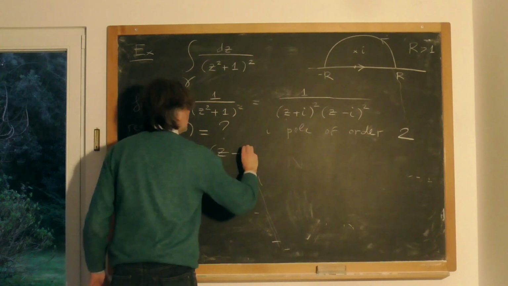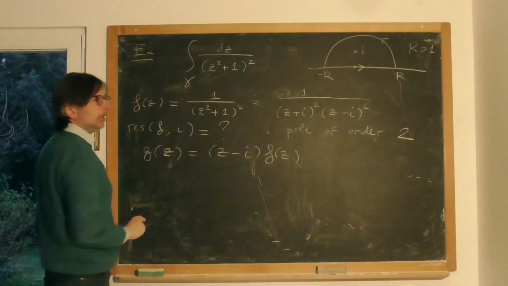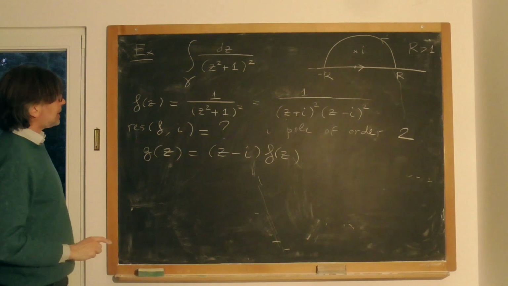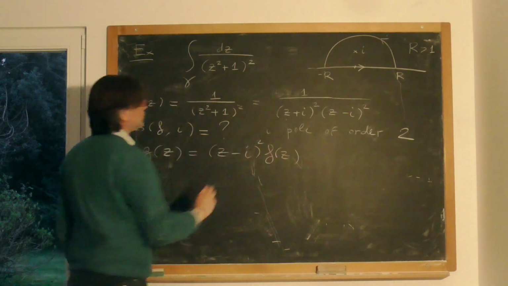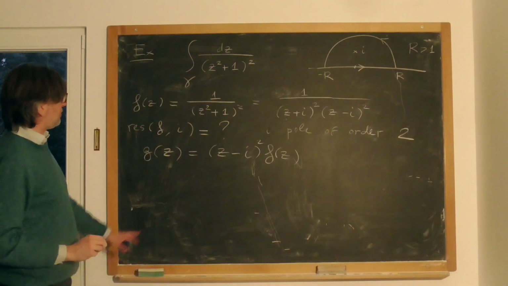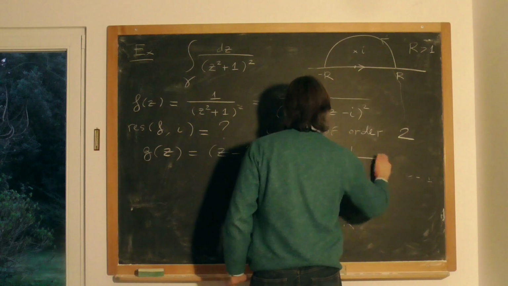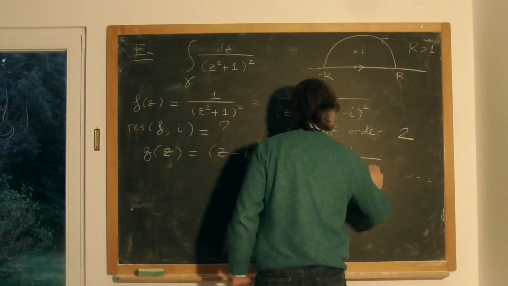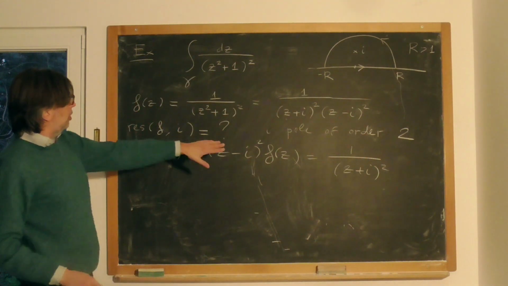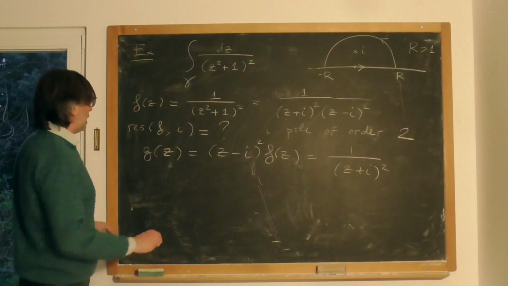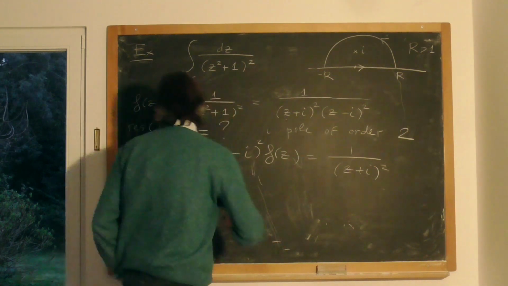So z naught is i. We multiply our function f by z minus i squared, thus removing the singularity, and we obtain g equal 1 over z plus i squared. And now we have this function, and we have to take the derivative of order k minus 1, so the first derivative of this function.